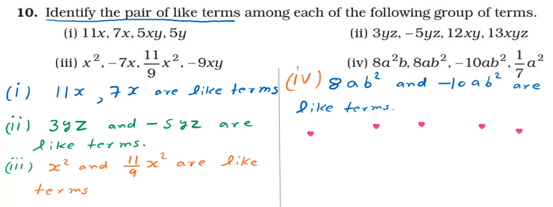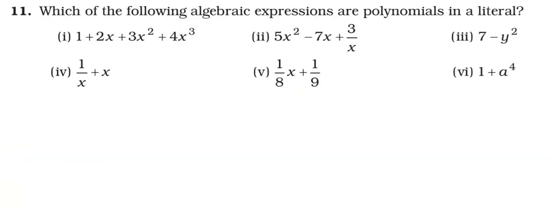Beta, question number 11. Which of the following algebraic expressions are polynomials and are literal? Here, the meaning of literal is variable. You can consider variable here. So, we are discussing all the questions. The first part is absolutely a polynomial.